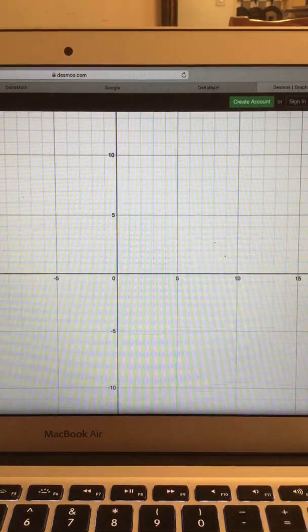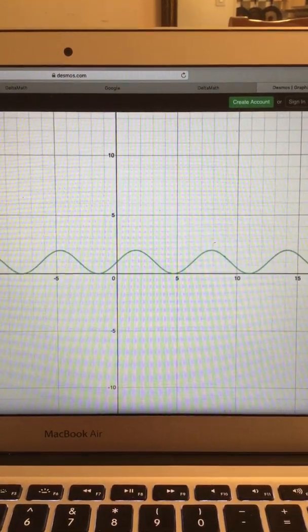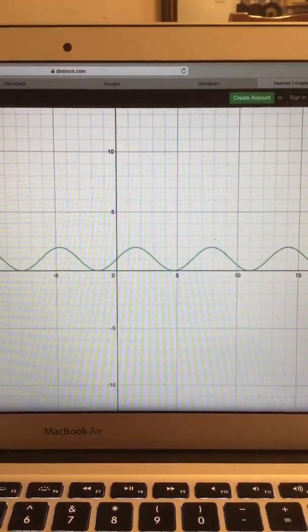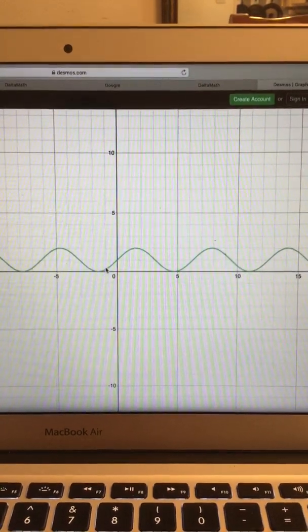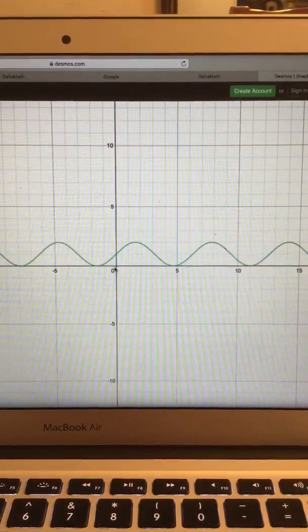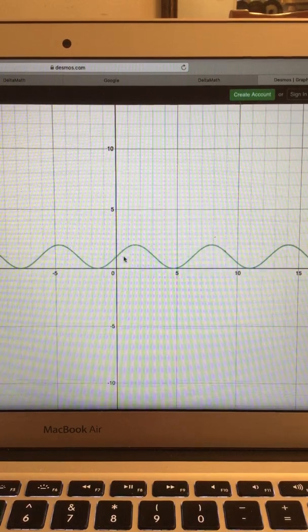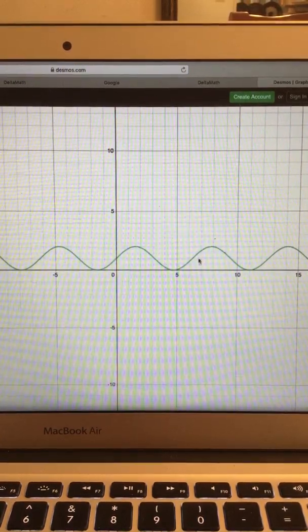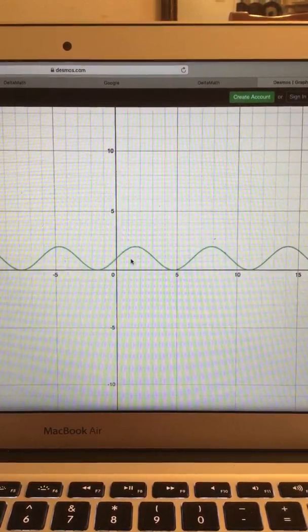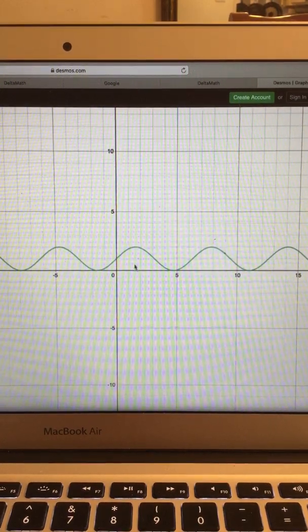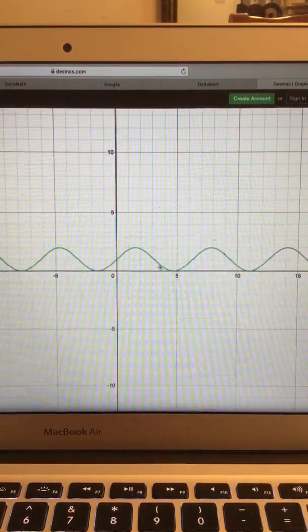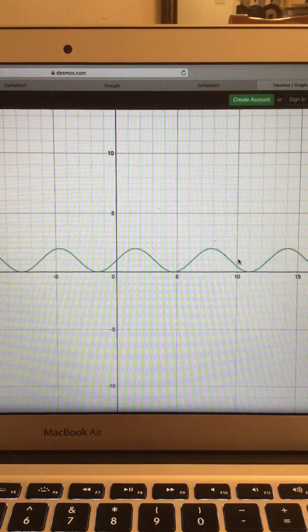If I take that off, here's another. This is a sine curve also, but what has changed is the axis of the wave. The axis of the wave has moved from y equals 0 to y equals 1. But the amplitude hasn't changed. It's still 1 up, 1 down from the midline of the wave.